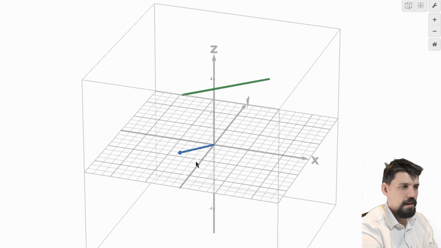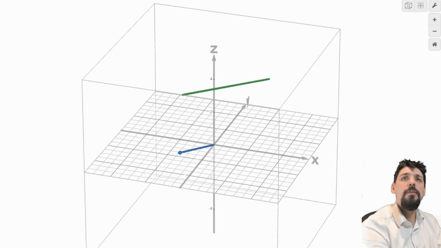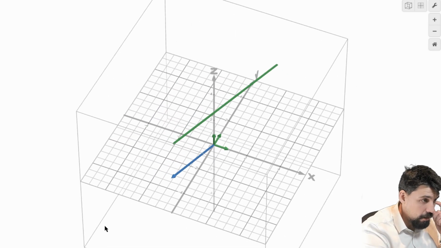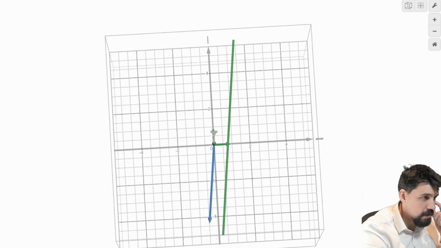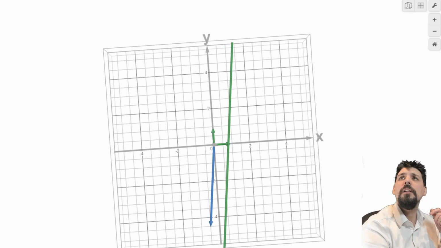So that's why I've still got my little vector here down at the origin, and that will let me compare it to the 3 coordinate axes. All right, so I've put these in green. Let's get rid of the line as well.